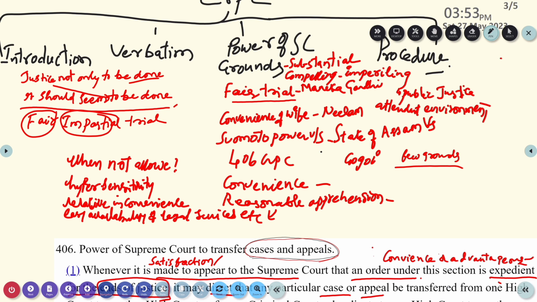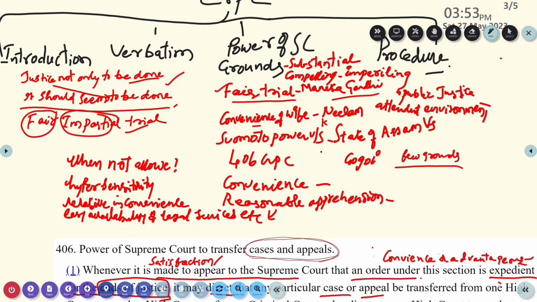These are the two grounds: one is this proverb, another is trial. In the Maneka Gandhi case, Justice Krishna Iyer observed that assurance of a fair trial is also an important ground to transfer.